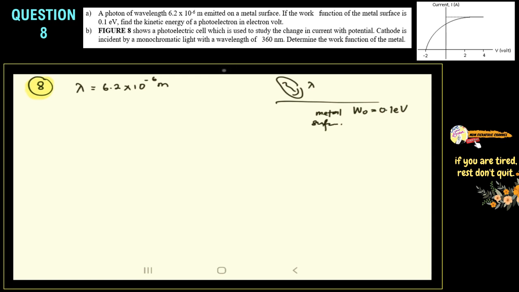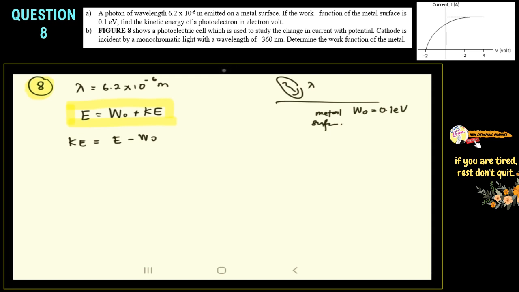Okay, dia tak nak dalam joule. Okay, in electron volt. So let's write the general equation. So E is equal to W0 plus KE. So E is the energy of photon. Okay, W0 is the work function ataupun binding energy of the metal surface and kinetic energy. Okay, so therefore kinetic energy is equal to E minus W0.